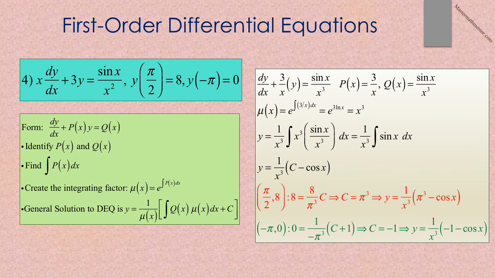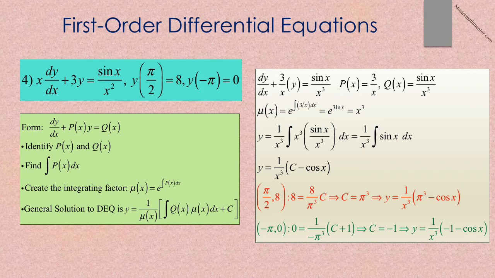The DEQ is certainly not separable, so we put it into the correct form. dy/dx plus 3 over x times y is equal to sine of x over x cubed, making p of x equal to 3 over x and q of x is equal to sine of x over x cubed.